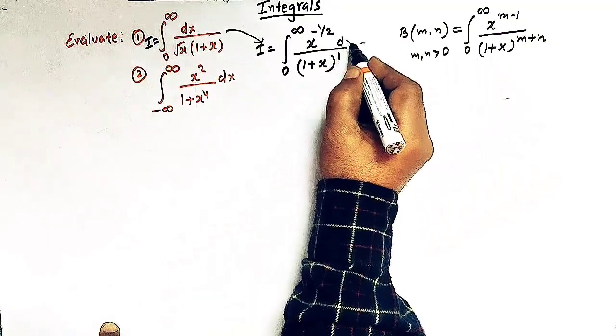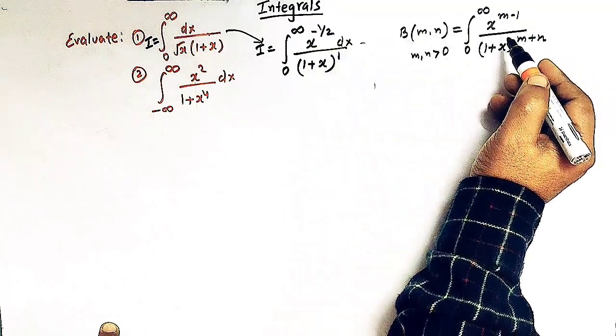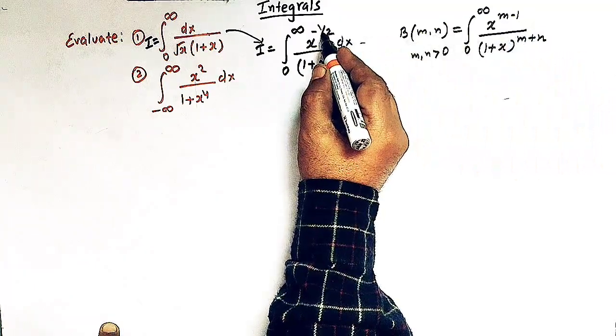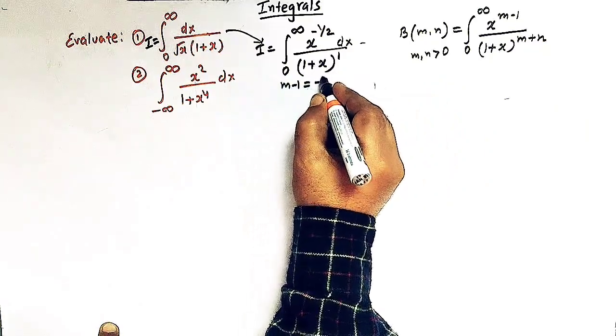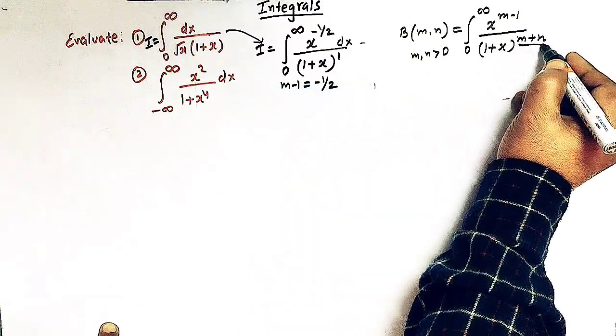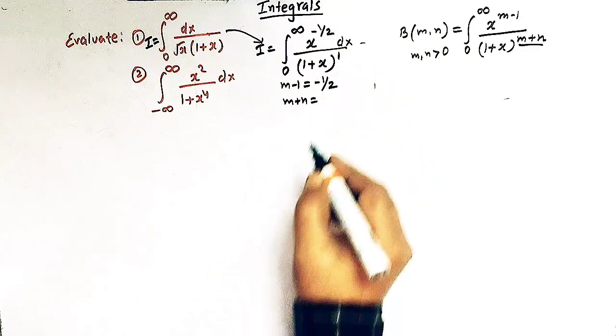So here we have dx, and this integral can now be written in this form by taking m minus 1 is equal to minus half, and m plus n is equal to 1, right?